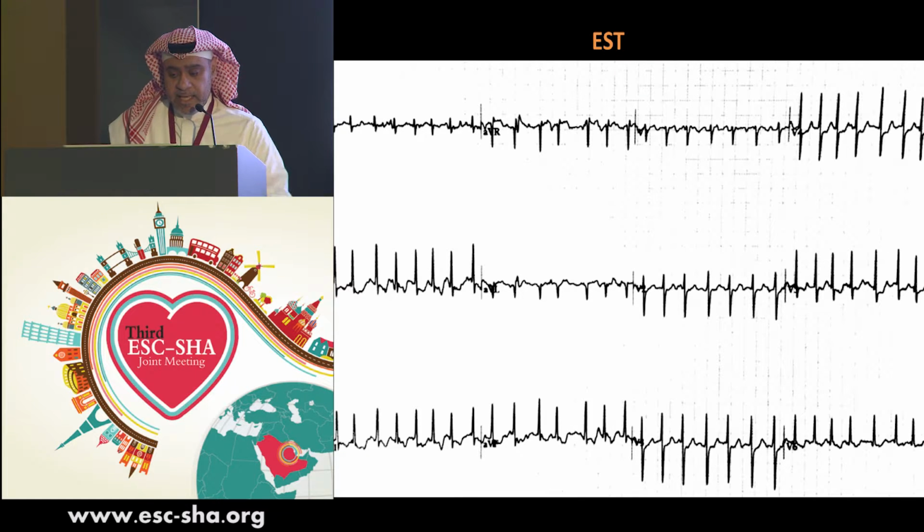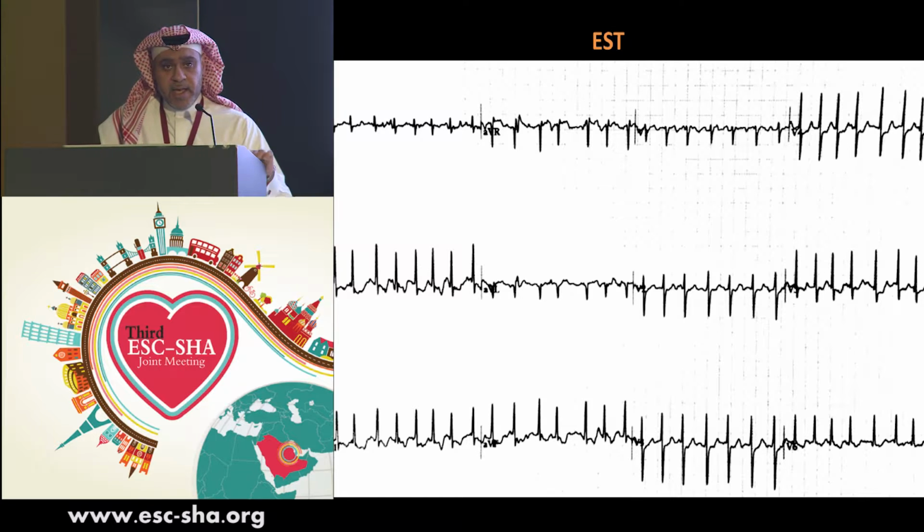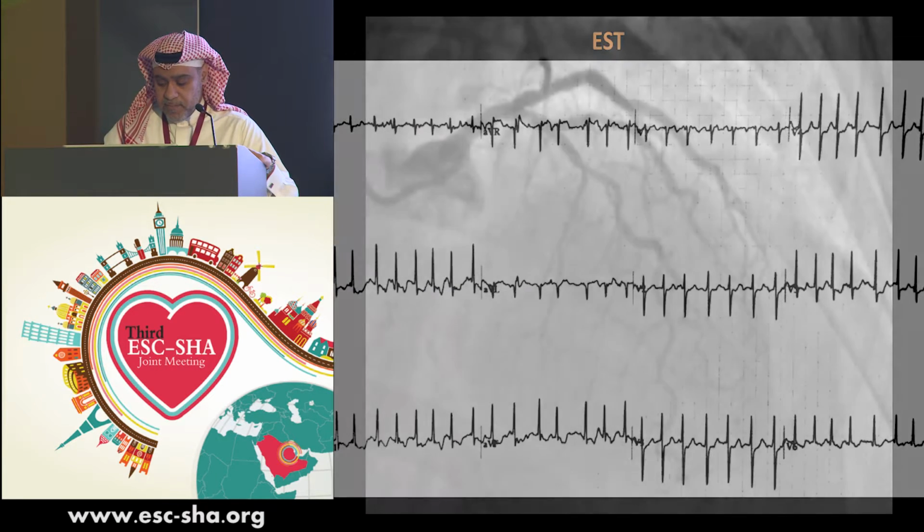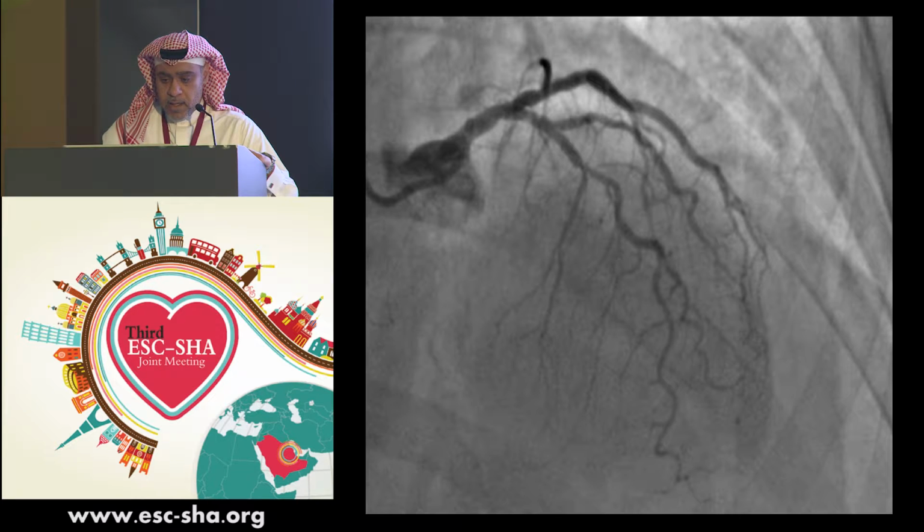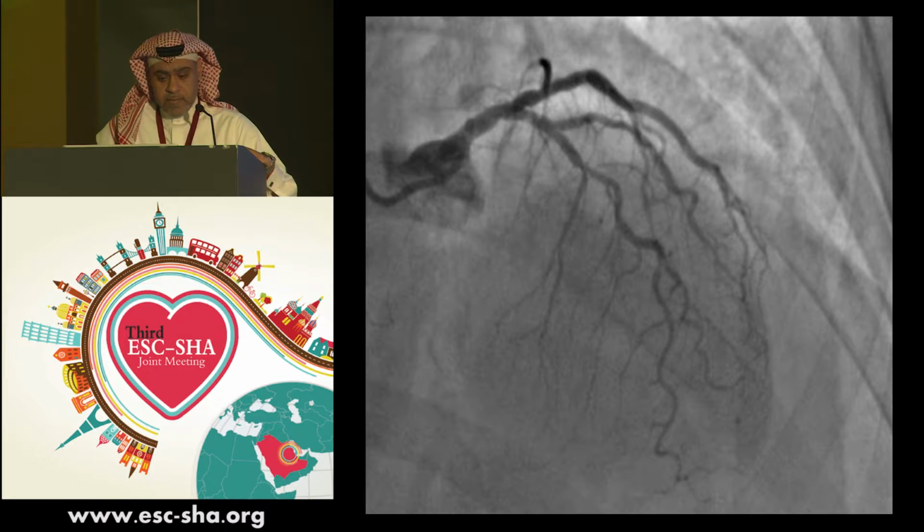Now, in the clinic, I have discussed with him the potential need for anticoagulation. I mentioned the warfarin, and I mentioned the new oral anticoagulants. So this was his coronary angiogram.